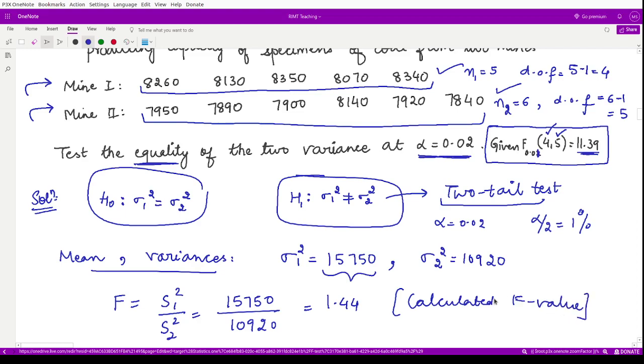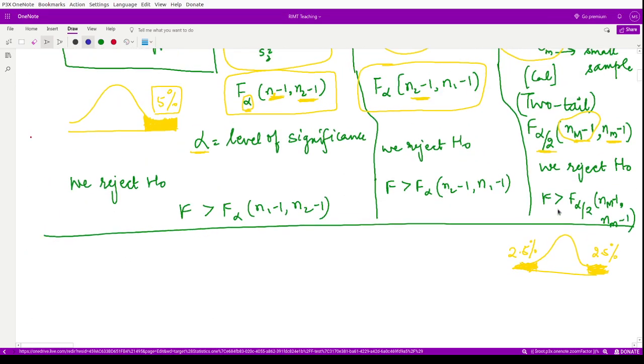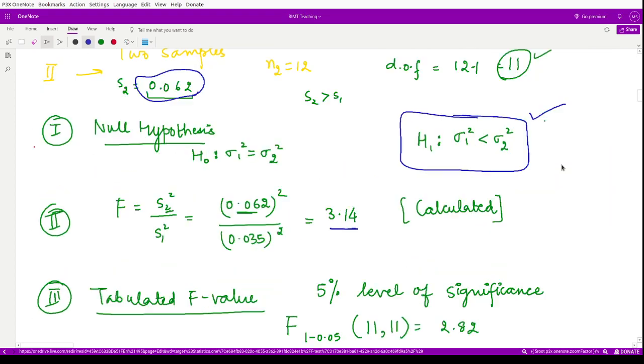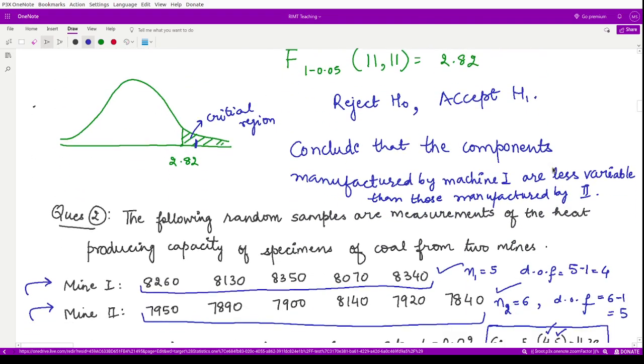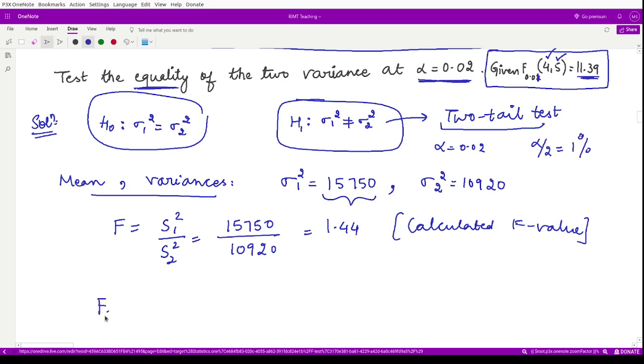Now if you move back and look at your test, we wanted to compare the two values. Here we will check whether your calculated value is greater than this tabulated value or not. If that is so, we reject our null hypothesis. In this case, the calculated value F calculated, which is 1.44, is less than 11.39, which is the tabulated value at 4,5 degrees of freedom.